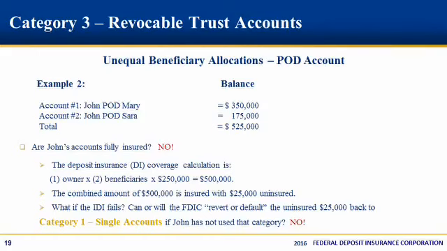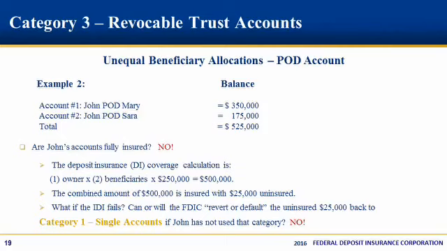The answer here is no. A portion of the funds are uninsured. Here we have one owner times 2 beneficiaries times $250,000, which equals $500,000. However, the combined balance of both deposits is $525,000, thereby resulting in $25,000 of uninsured funds.